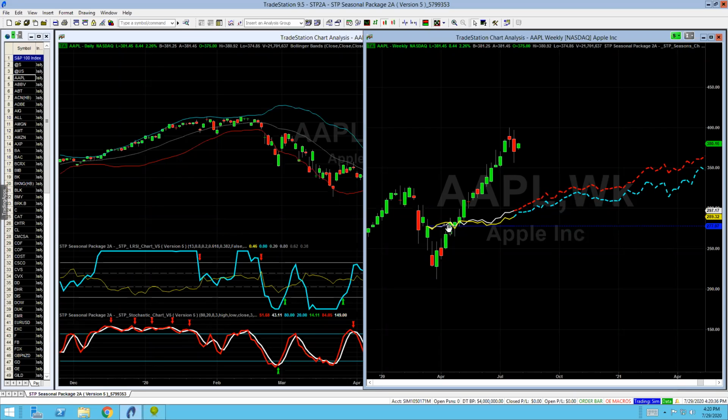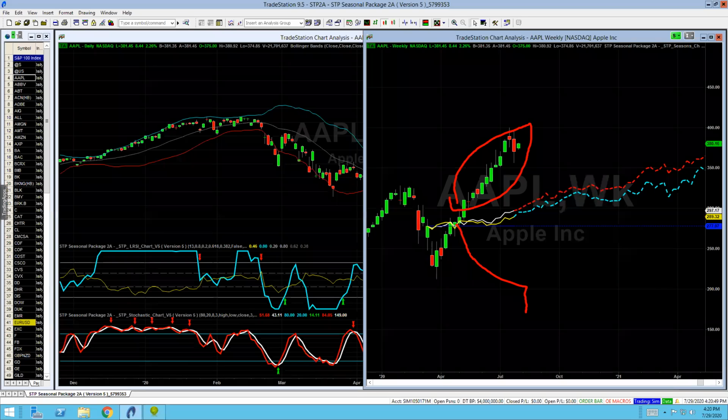Let's say this move up here didn't happen, and this is what really happened up until the current time. You don't even have to read the news to know something has happened here with Apple. It's going the wrong direction for what it typically does. So I'm going to stay out for now, okay? That's how I handle it.